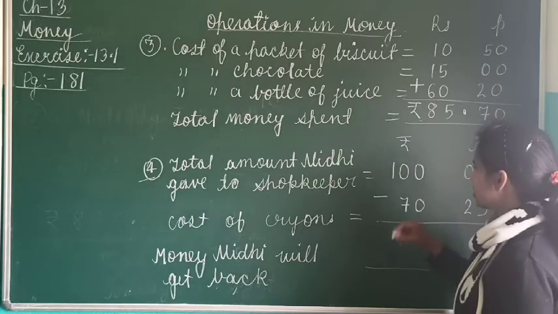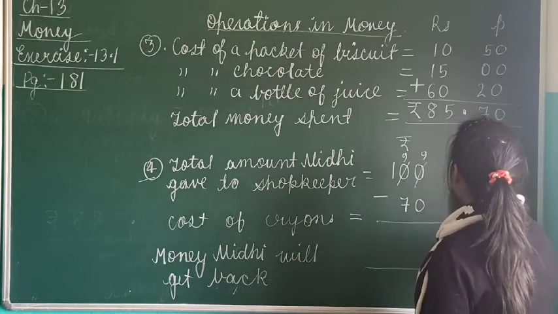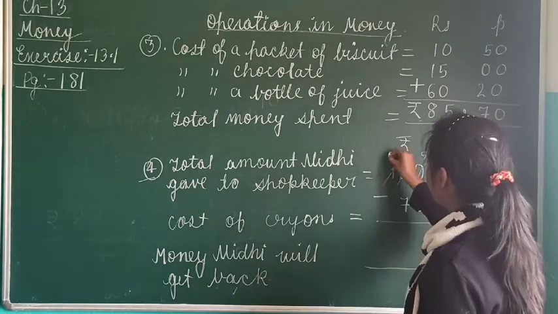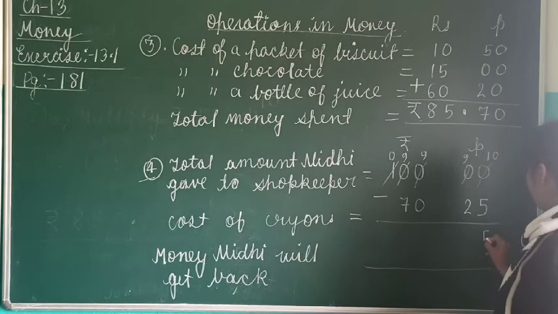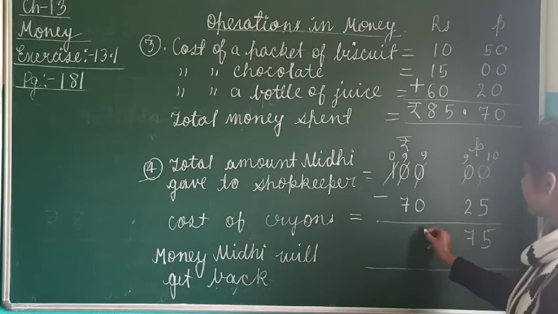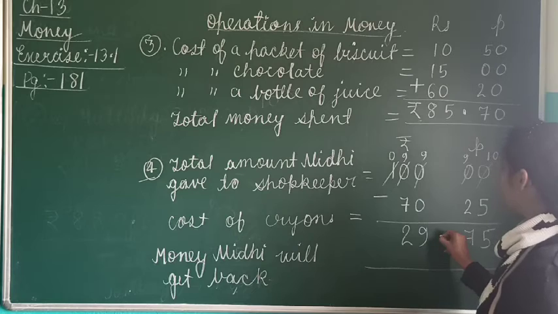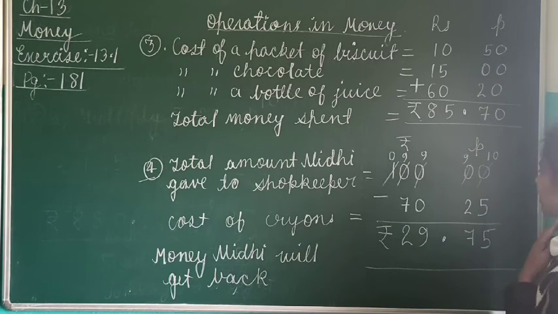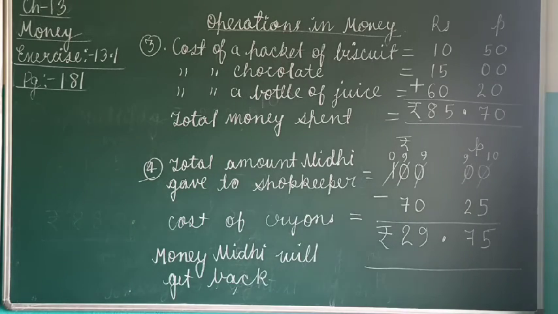Now this will ask for this. So finally it will become 9, 9, 9 and 10. Now 10 minus 5, 5. 9 minus 2, 7. 9 minus 0, 9. And 9 minus 7, 2. Okay, we will separate it. So how much money will Nidhi get back? Nidhi will get 29 rupees 75 paise.